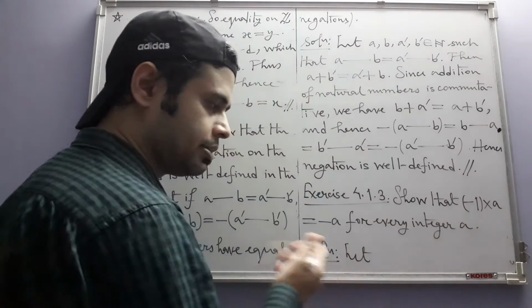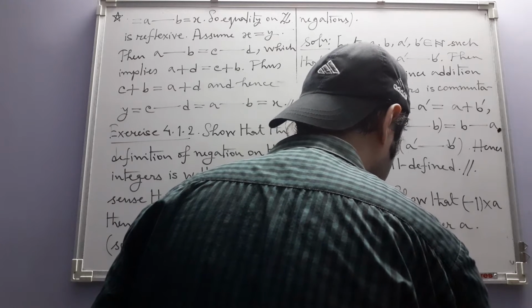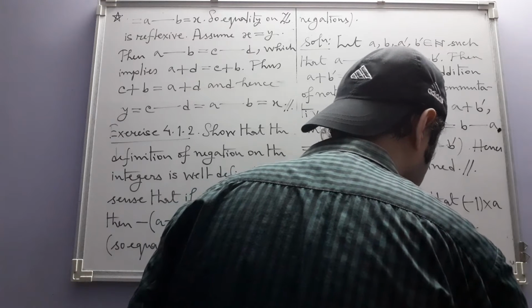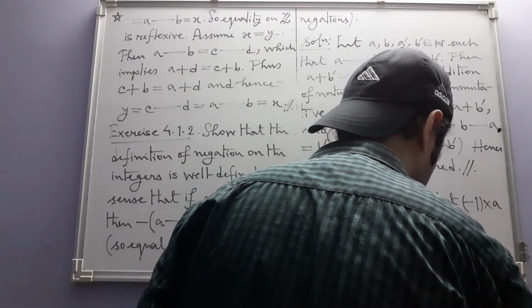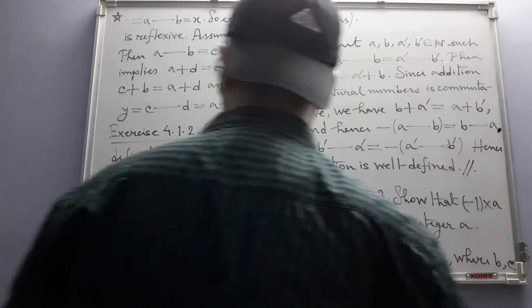So since a is an integer, we can take, let a equal to b dash c, where b and c are natural numbers.